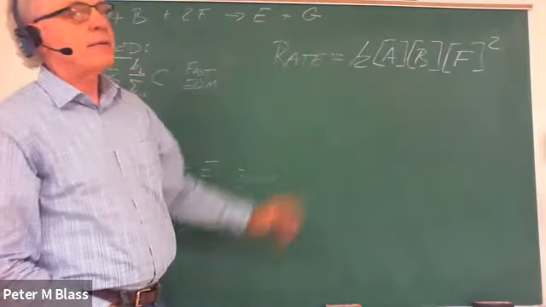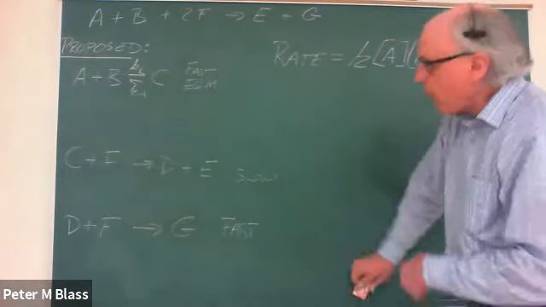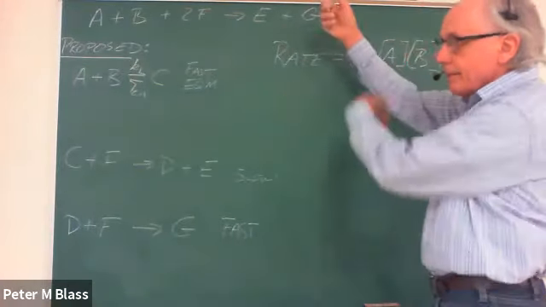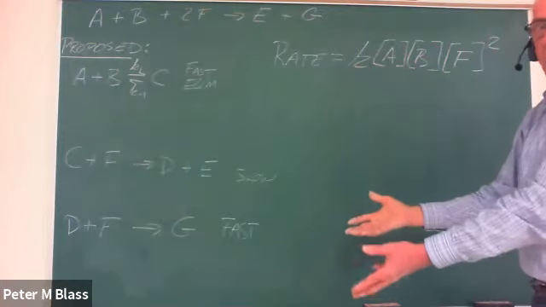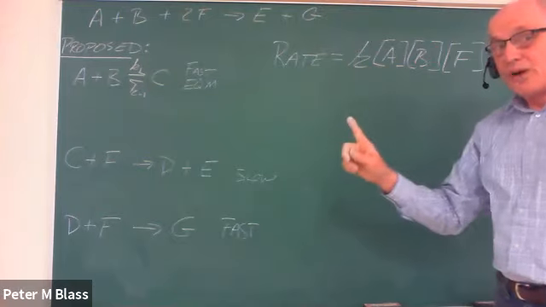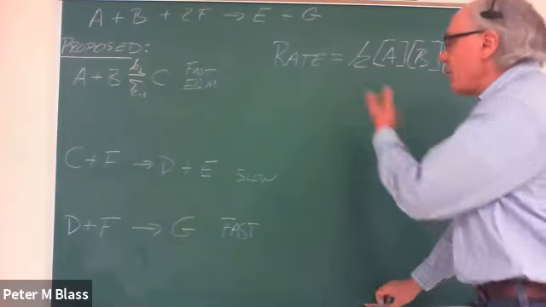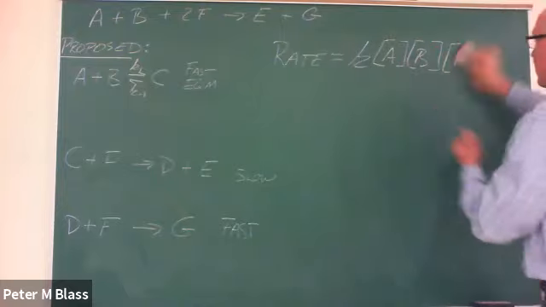You don't know that. You can't do that for an overall reaction because the overall reaction is generally a bunch of steps, and the rate is determined by just one of those steps, the slow rate determining step. So we don't know this.